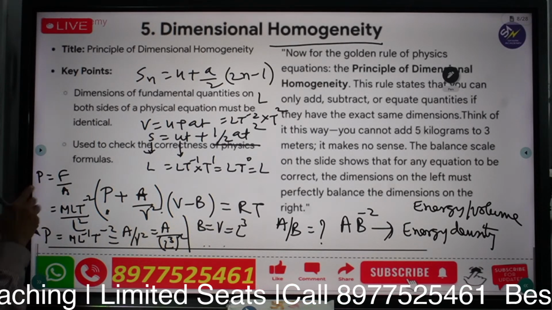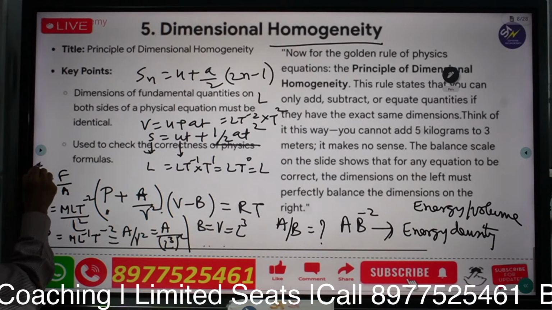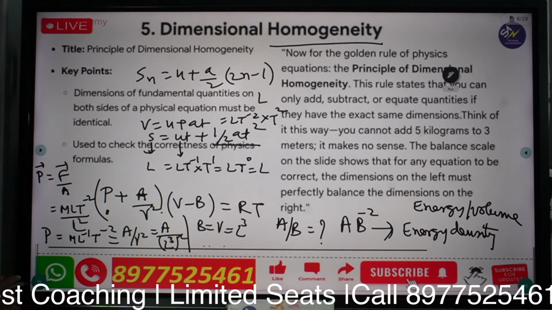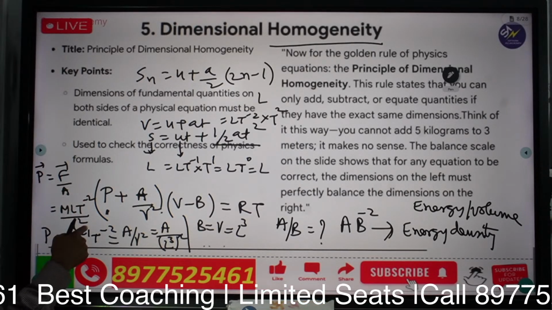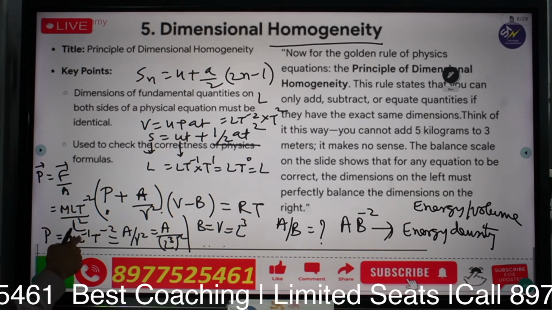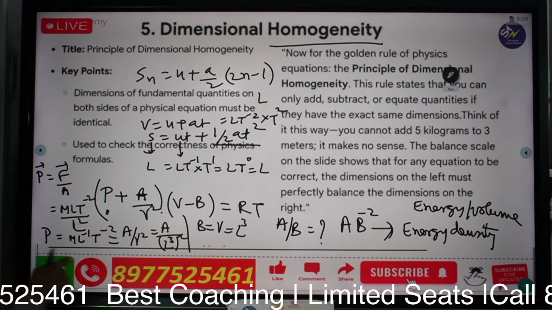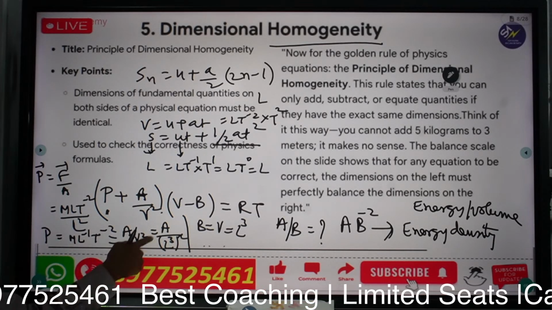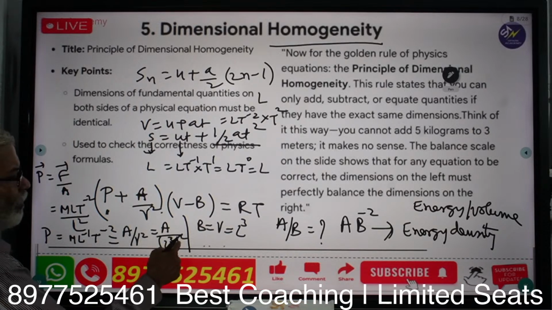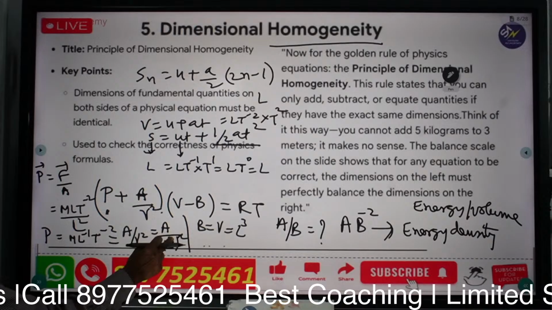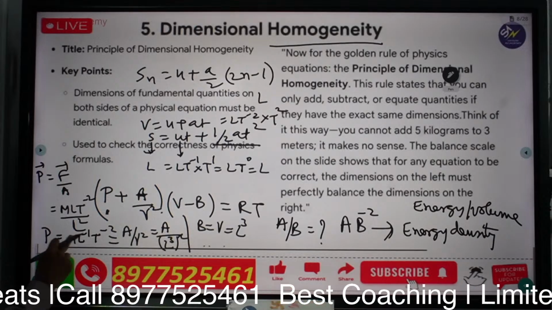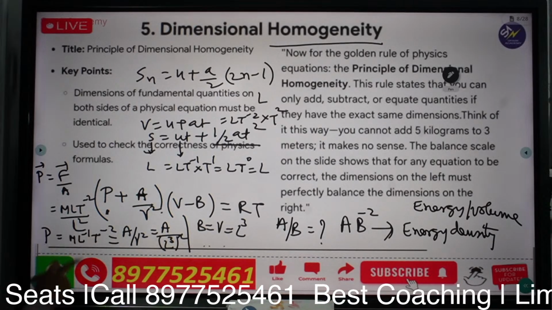P is pressure, which is force per unit area. Force is equal to MLT minus 2. Area is L square. So you will get ML minus 1 T minus 2. This is equal to A by V square. V square gives L to the power of 6. So the dimension of A will be L to the power of 6 into this, so you will get ML to the power of 5 T minus 2.